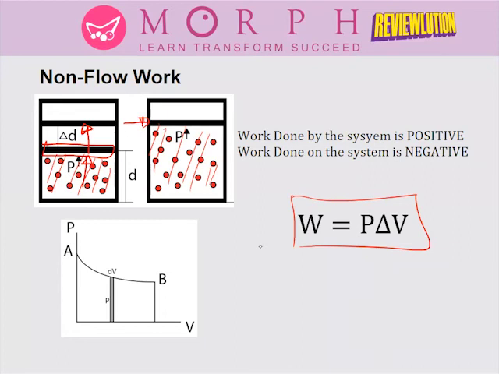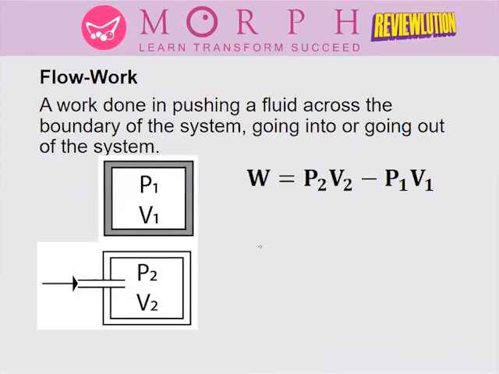Meron din tayong tinatawag na flow work. Okay? Flow work is the work done in pushing a fluid across the boundary of the system. So basically, this is happening if you have an open system, when there is a fluid that can cross the boundary of the system going into or going out of the system. Okay?